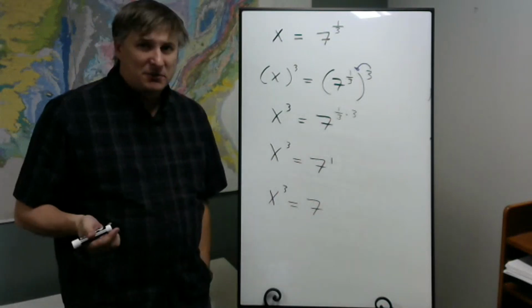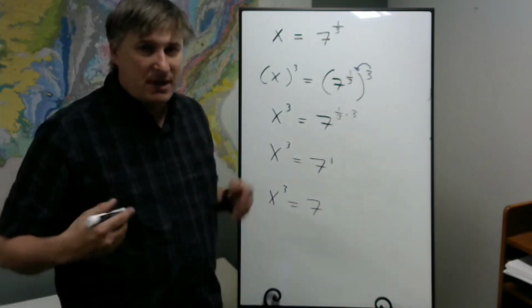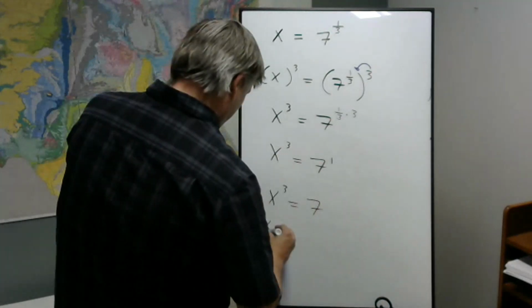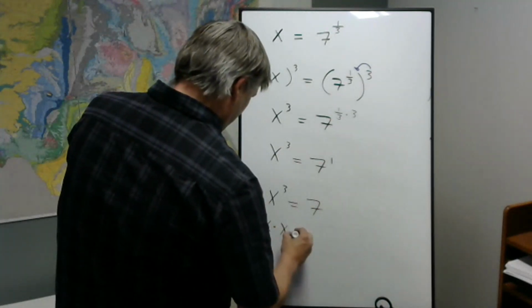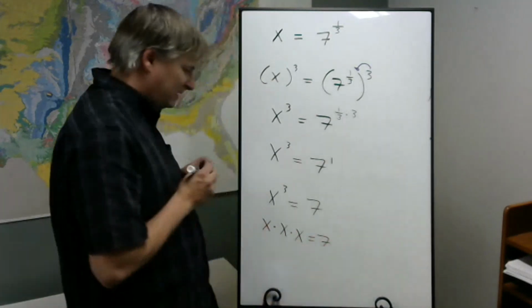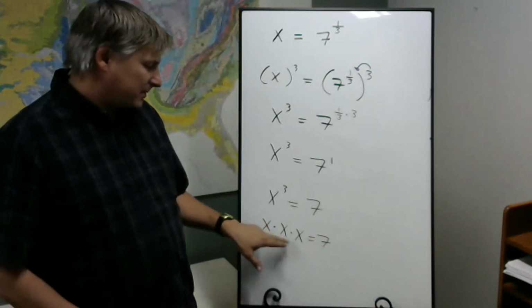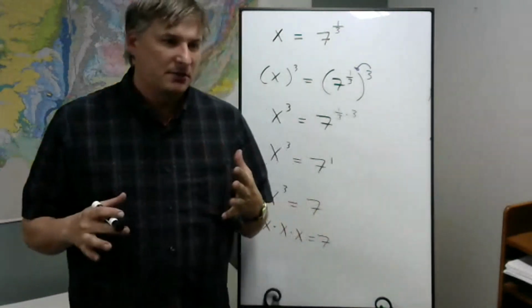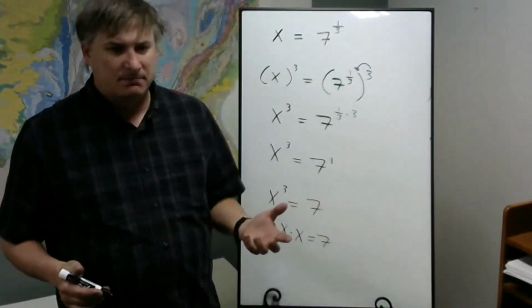Now let's think about this x cubed. X cubed is x times x times x. So it's some number that if we take 3 of them, multiply them all together, we get 7.